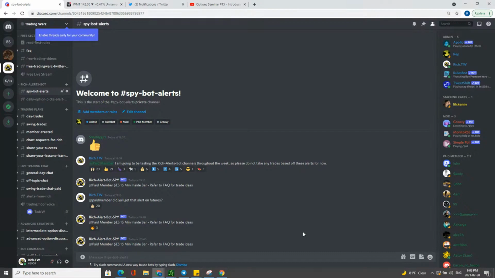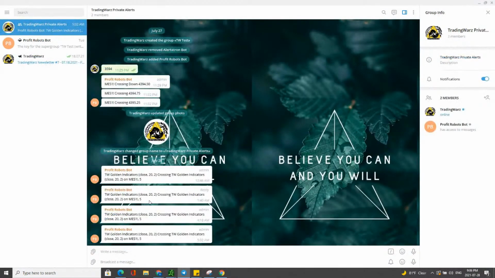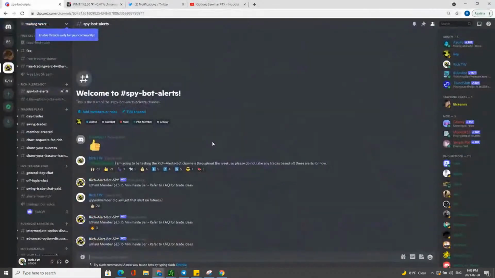So I did the Telegram thing, and you can see I was doing some of the Telegram stuff, but I didn't really want to go and create a new thing. I just wanted to stick with what I already have. So I did some research, long story short, and I was able to figure out how to get these alerts through Discord and TradingView. And I just want to show you guys a few samples here.